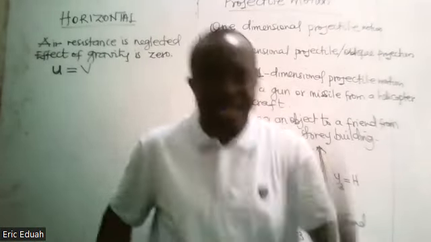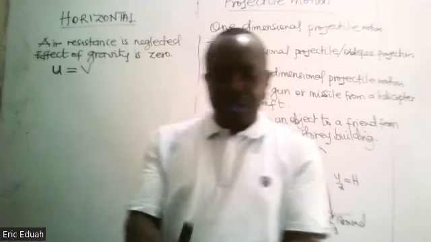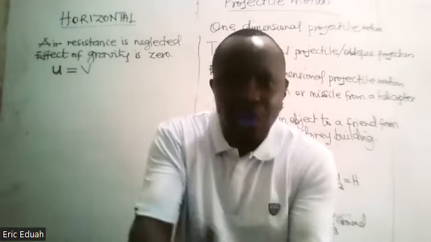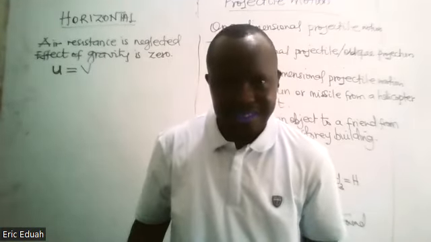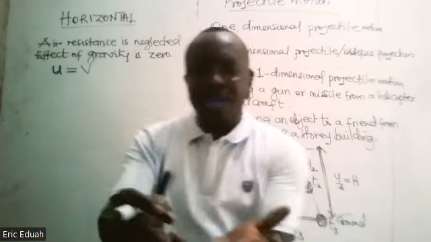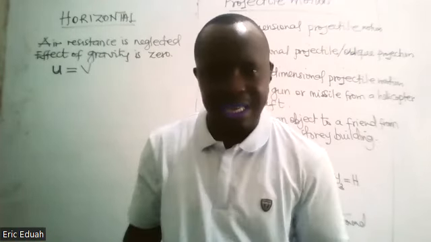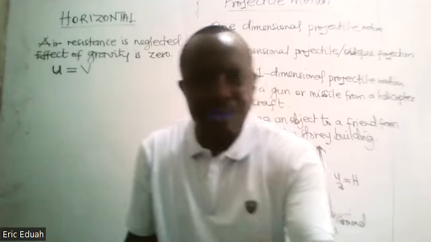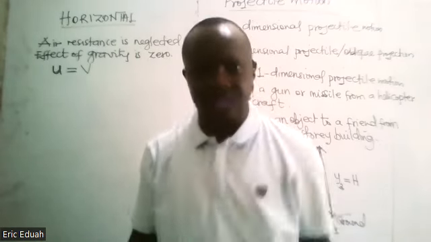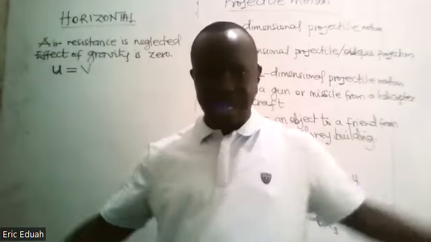If I'm running, the only thing that can reduce my speed can be air resistance. It can also be friction. Horizontally, gravity is not there. But once air resistance is not there, friction is not there, and no gravity, then it means that there's nothing to reduce my initial speed. What I begin with is what I end with. Please, are we okay?